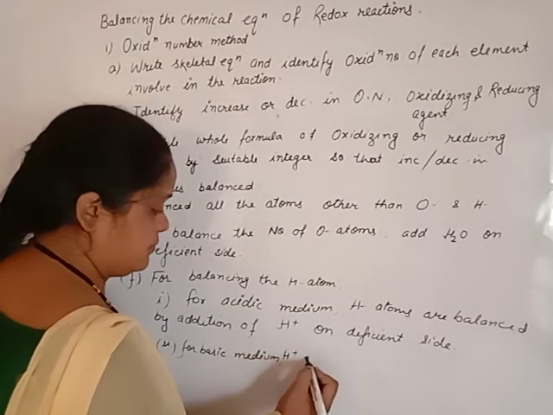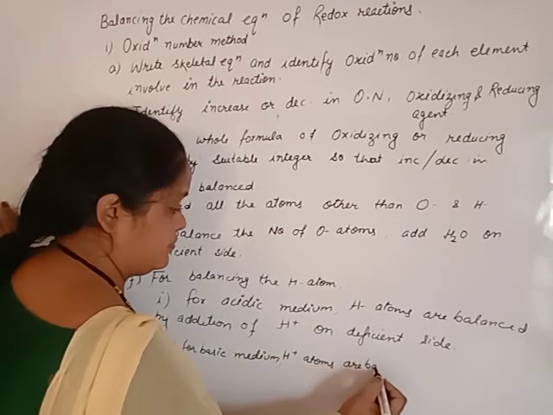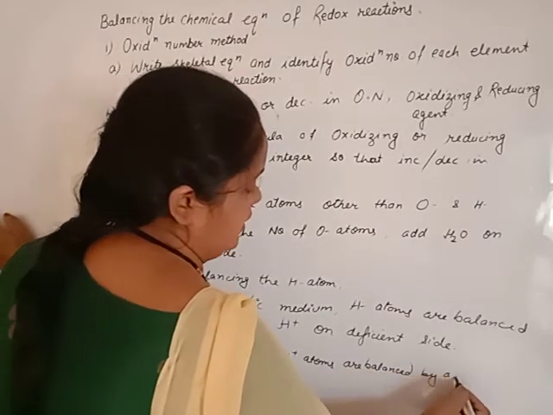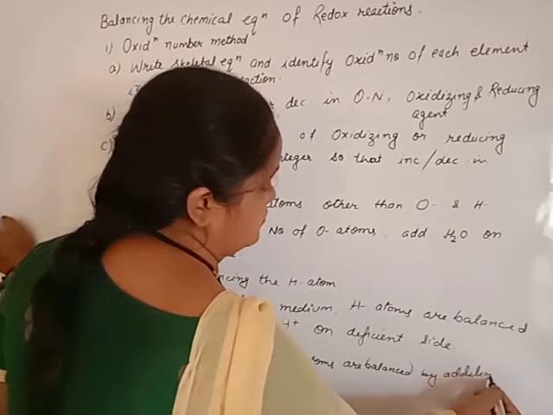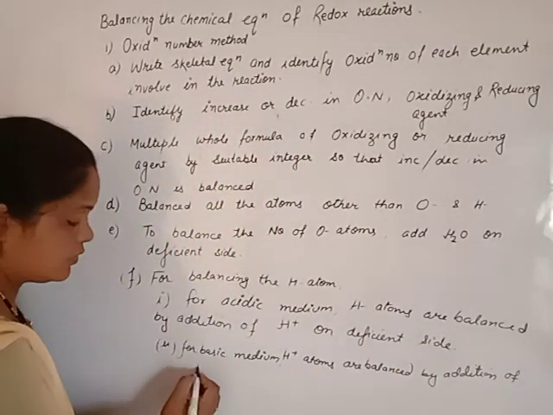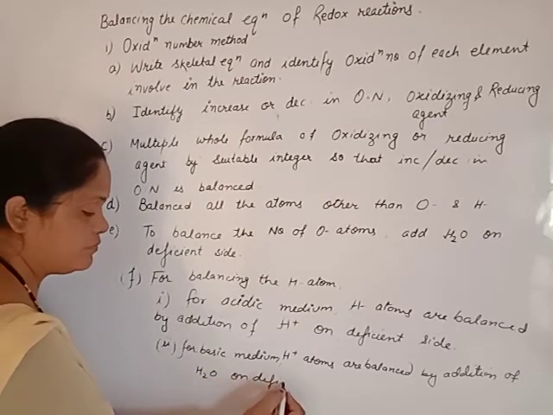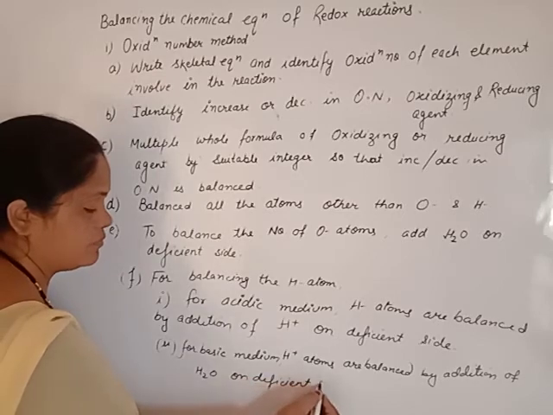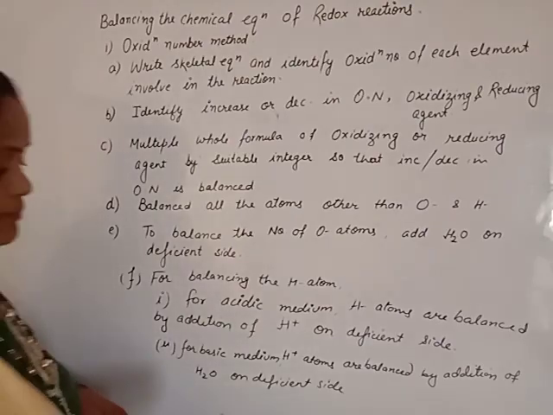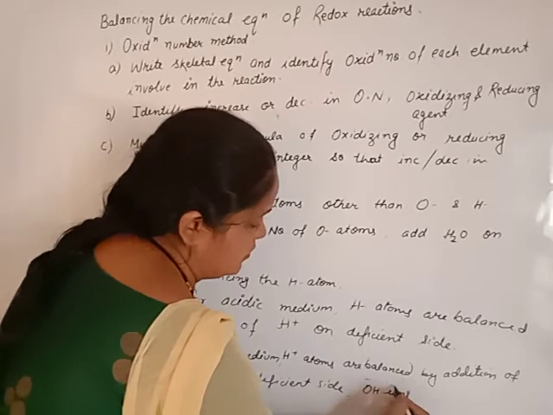Hydrogen atoms are balanced by addition of water, H2O, on deficient side and OH negative ions on another side.